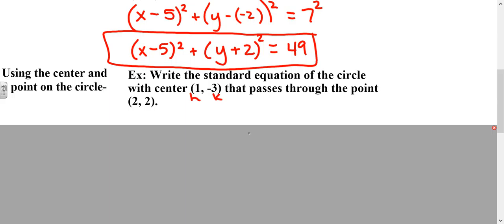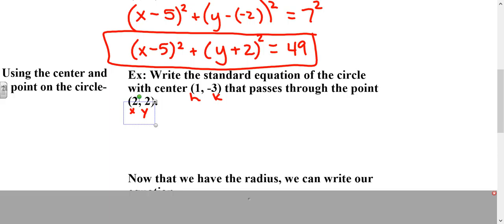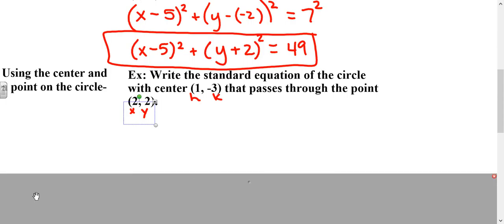And then if I don't have r, but I have a point, the point is represented by x and y. So these are all the things that I have. So I can use these and just plug them into my formula for the standard equation of a circle, and then I can use that to help me figure out what r is. So I'm going to find the radius first, and then I can write my equation.